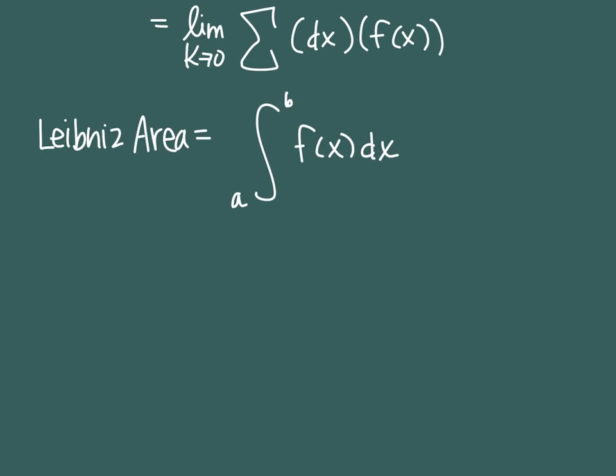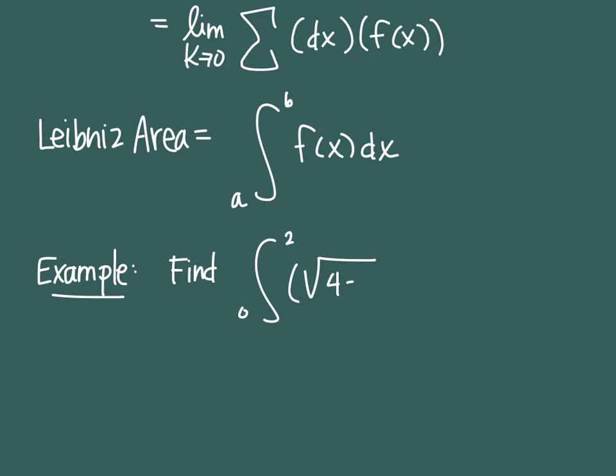All right, so as long as you understand what that means, then you can do a lot of these problems. And you don't need a ton of calculus to be able to do it. You just need a good working knowledge of geometry. So you might have: find the integral from 0 to 2 of the function the square root of 4 minus x squared dx, above the x-axis.